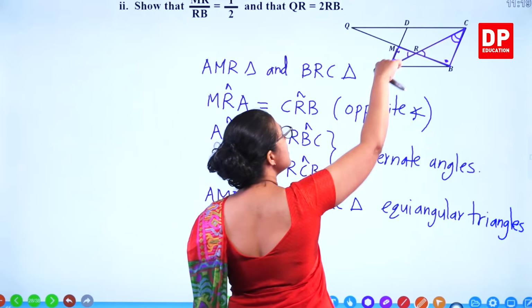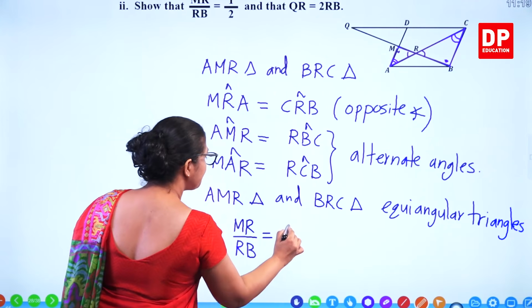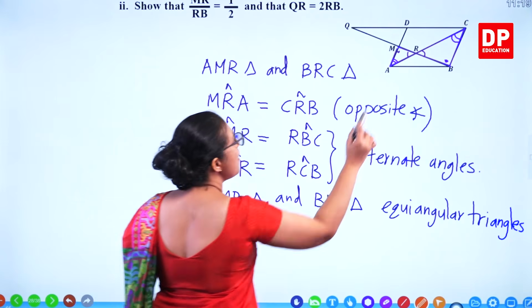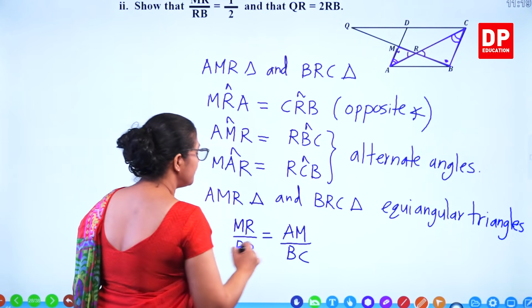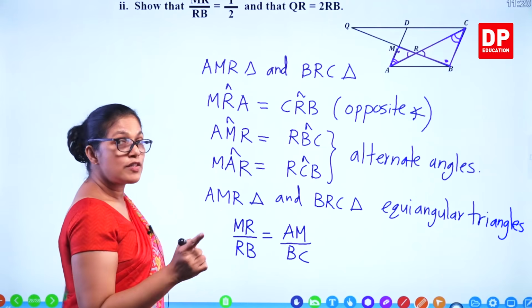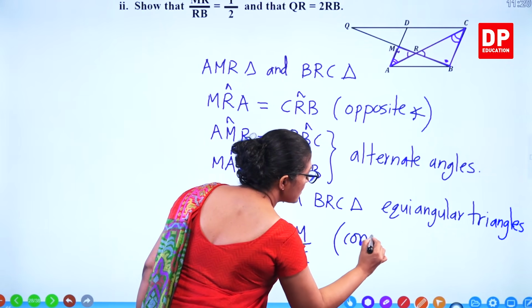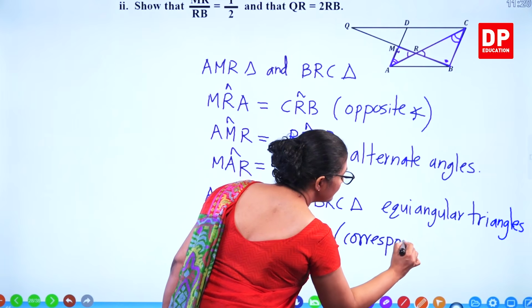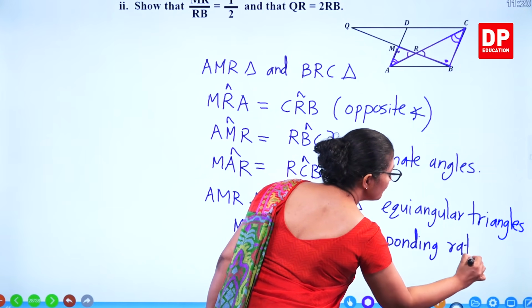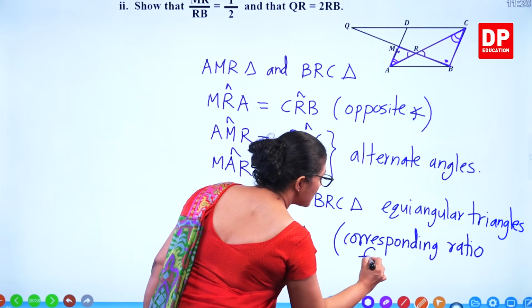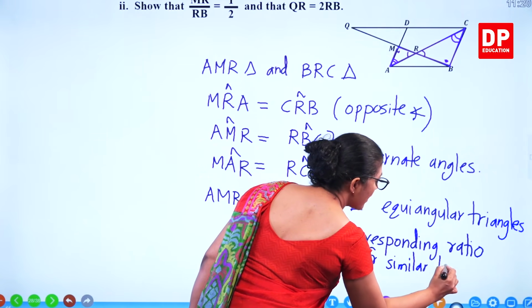So you can say this length corresponding to this one is AM. AM to BC. So the corresponding ratios are equal for similar triangles.